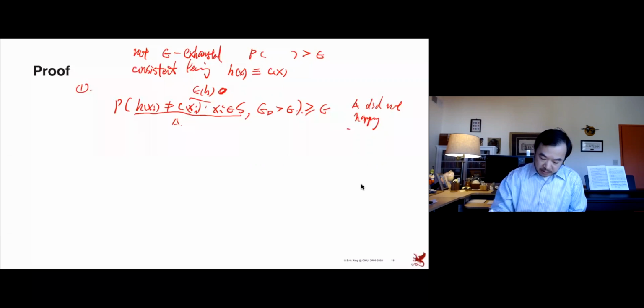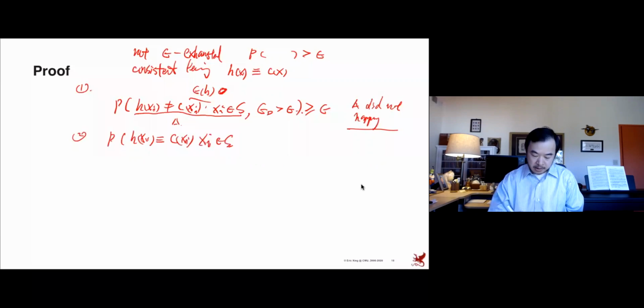But remember, this event didn't happen. What happened is that we actually have h of xi equal to c of xi, given that.